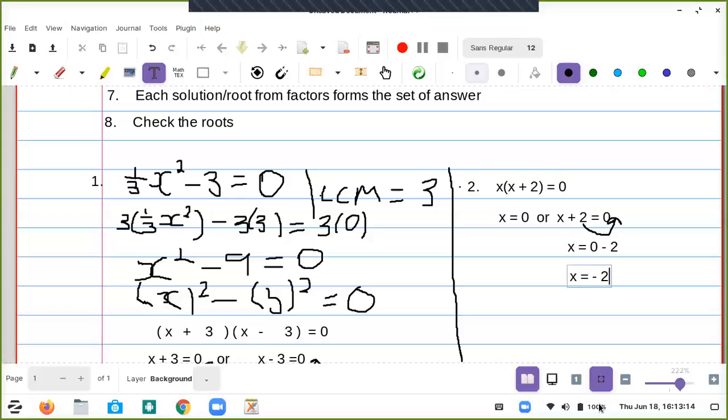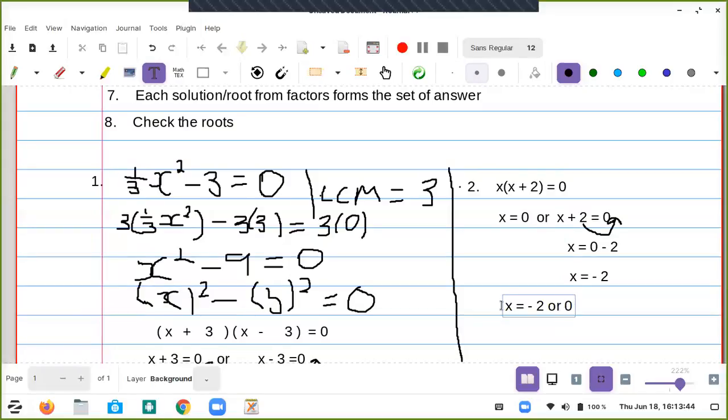Now, what is my final answer? According to the equation that I have there, my final answer becomes what? That's the set of solutions now. So my x is equal to, the smallest one is negative 2. Or, because we are having two solutions, or 0.